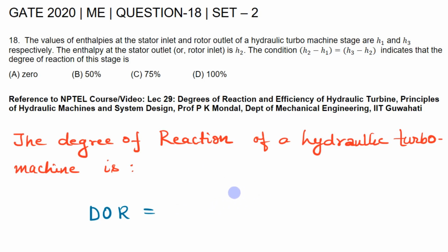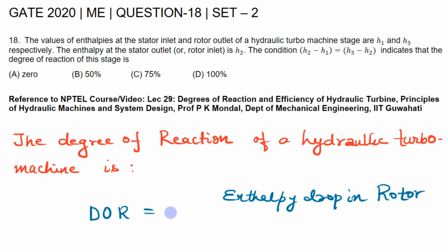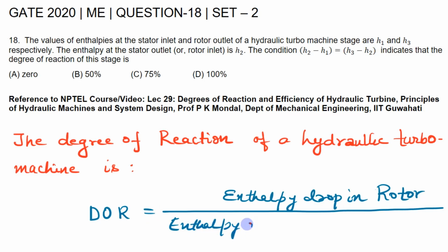So let's write here: enthalpy drop in rotor divided by the enthalpy drop in rotor plus enthalpy drop in stator. I'm just writing stator here in the bracket. So the meaning of this statement is enthalpy drop in rotor plus enthalpy drop in stator.